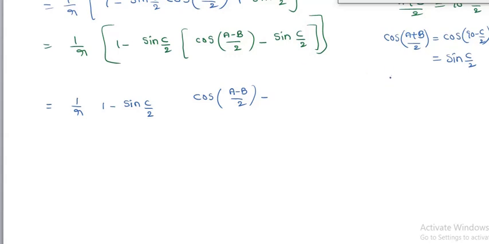Same process: A plus B plus C is equal to 180, C is equal to 180 minus (A plus B).